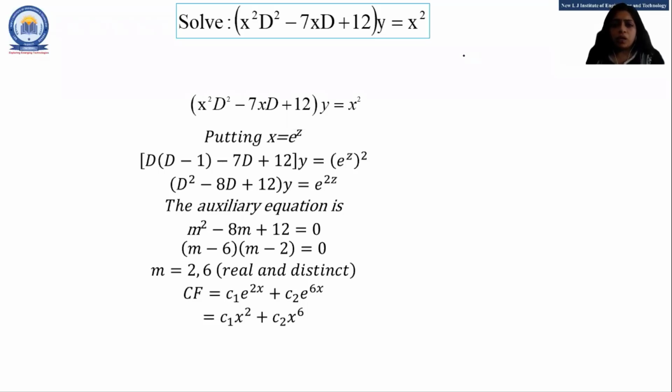Because see, the multiple of d square is x square, and similarly the multiple of d is x. So whenever in your question x square is a multiple of d square, x is a multiple of d, or if you are given d cube, then x cube is a multiple of d cube.